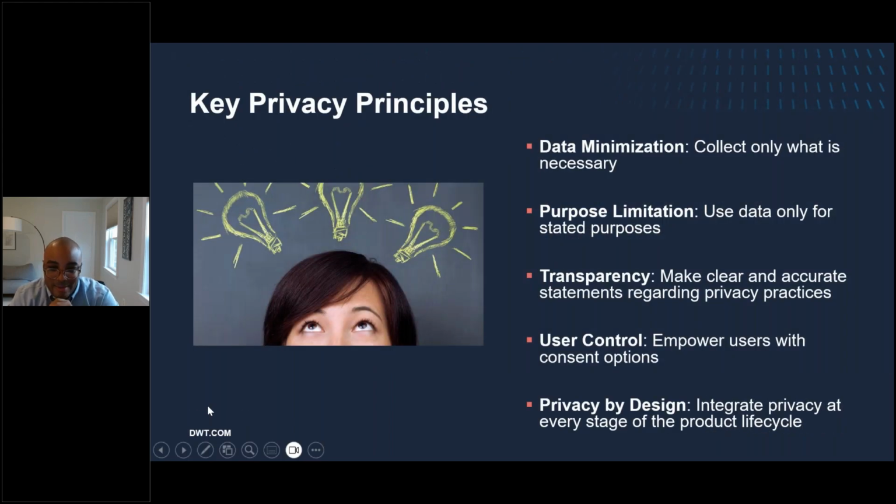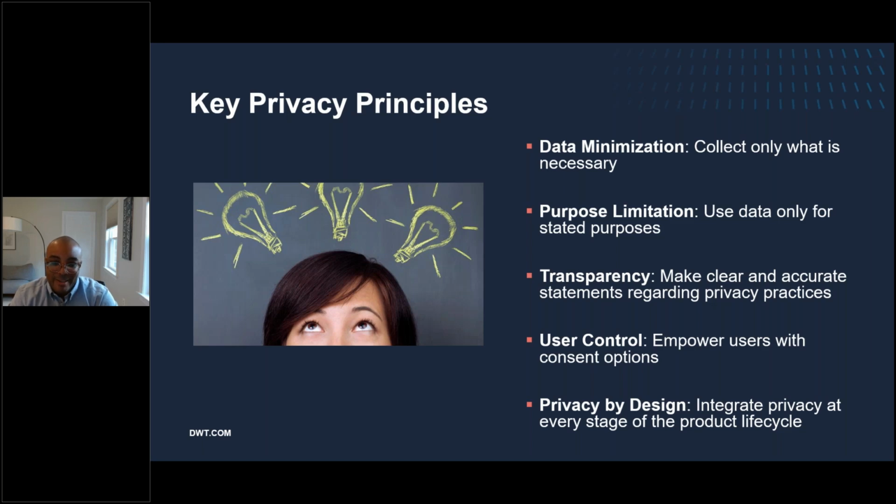So starting with privacy, there are a couple of key principles that are helpful to be aware of and follow, regardless of where you're operating and what you're doing in terms of your business. The first is data minimization. So this is the idea that you should only be collecting what is absolutely necessary for purposes of delivering the products and services that you are providing.